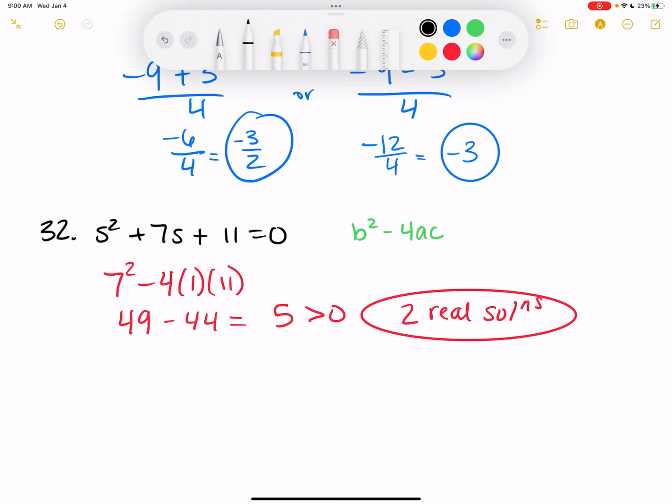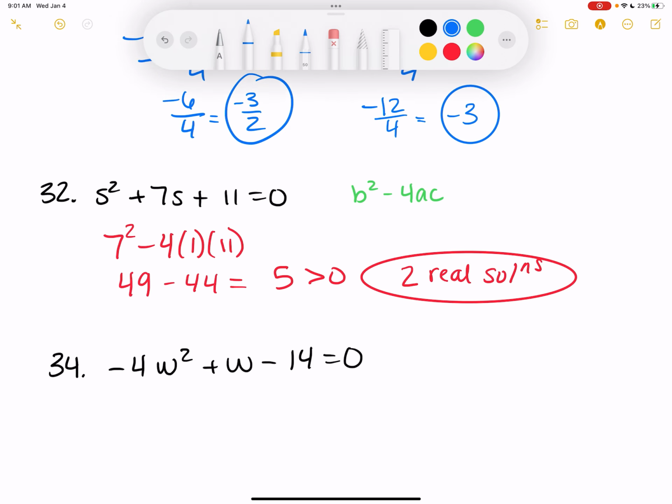Let's see. 34. Negative 4 w squared plus w minus 14 equals 0. So b squared, so that's 1 squared, minus 4 times negative 4 times negative 14.